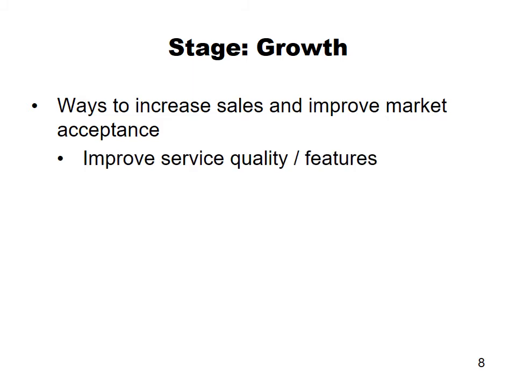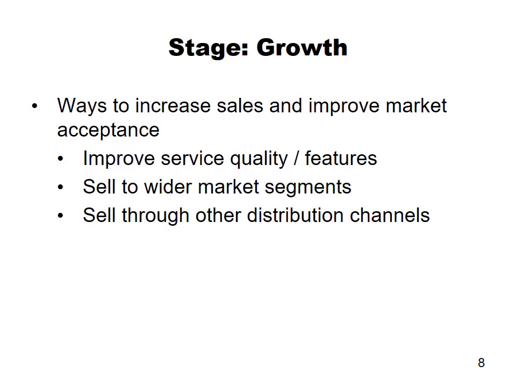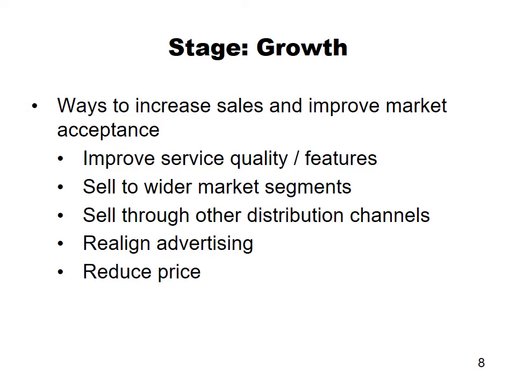One way is to improve the service quality or features. Another is to sell to wider market segments or through other distribution channels. Realign advertising more closely with the customer needs and wants. Or simply reduce price, and this will attract more people to come.